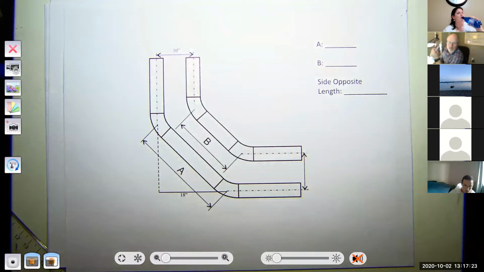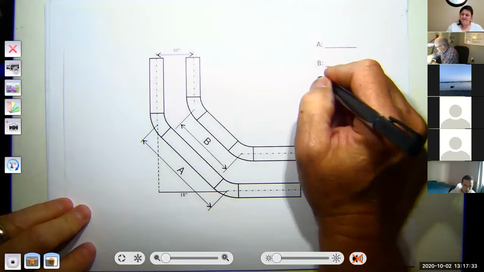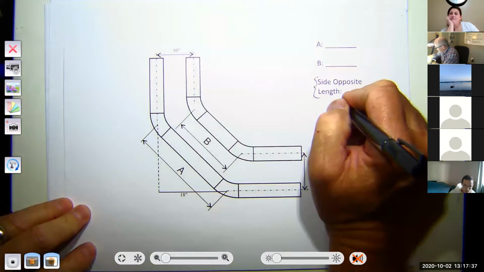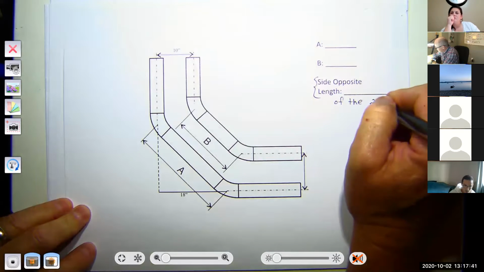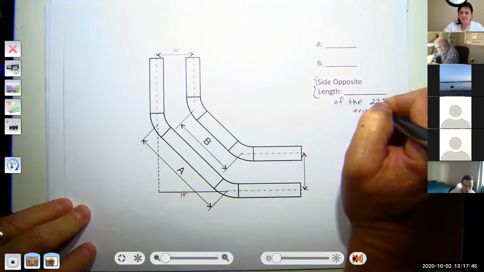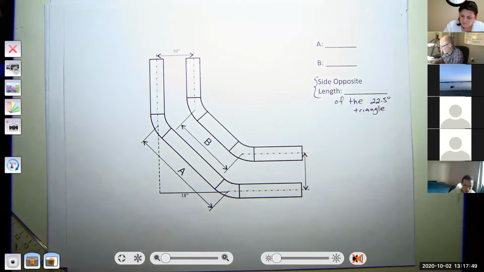But guess what? We don't have a TQ anymore, do we? At least not for now. Where this says side opposite length, I want the side opposite length of the 22.5 degree triangle. That's what I want the side opposite length to be. So we'll get to that in a minute.